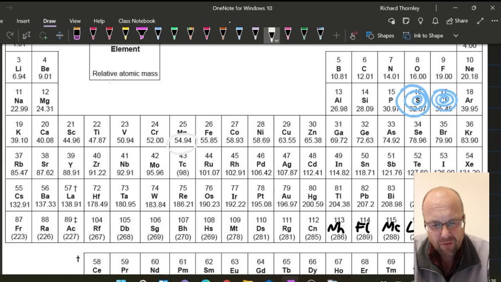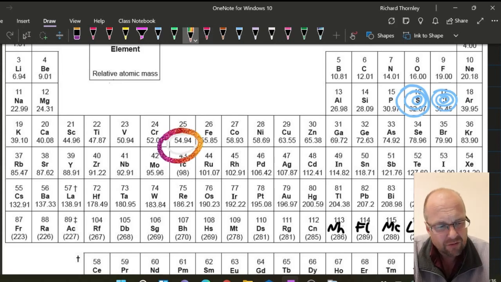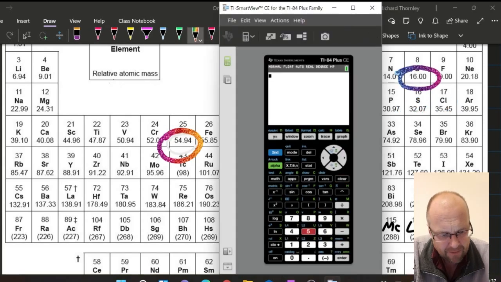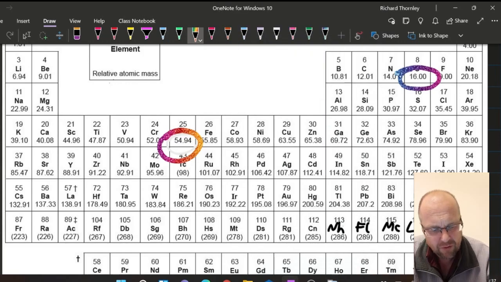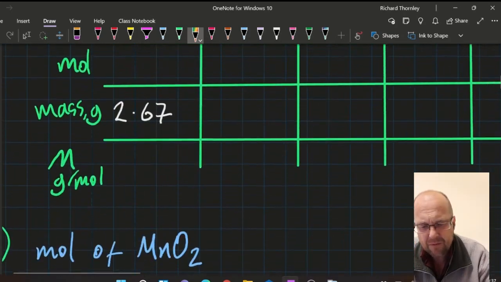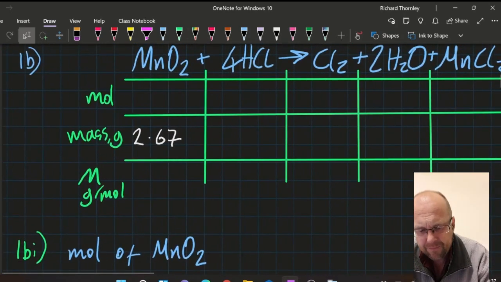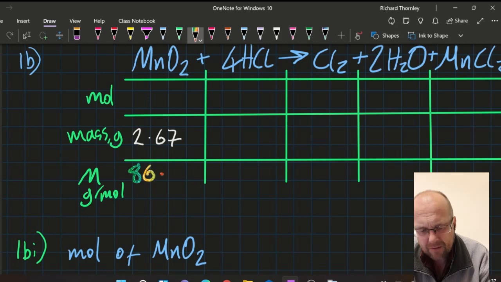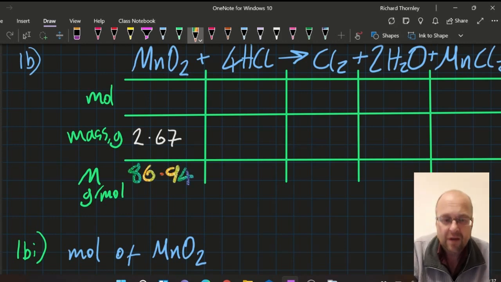Manganese is 54.94, and oxygen is 16 for the molar mass. 86.94 grams per mole. So let's work out the moles.